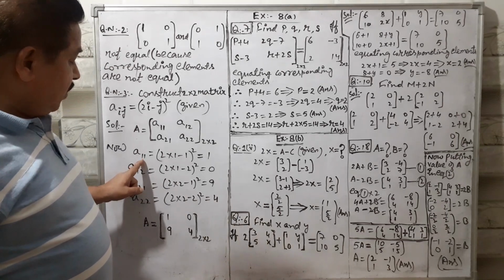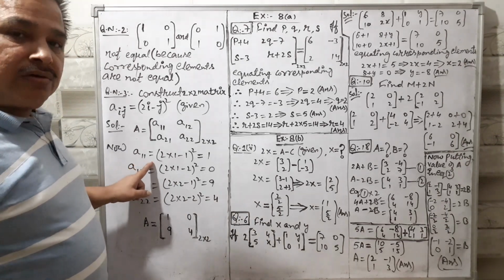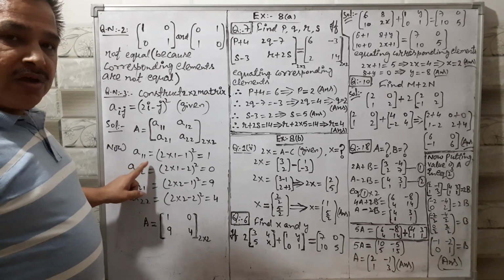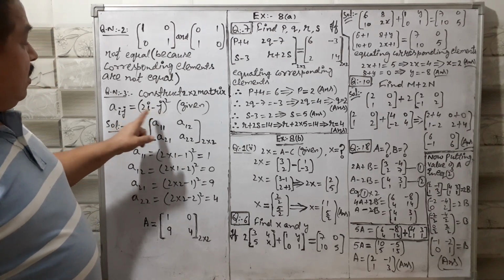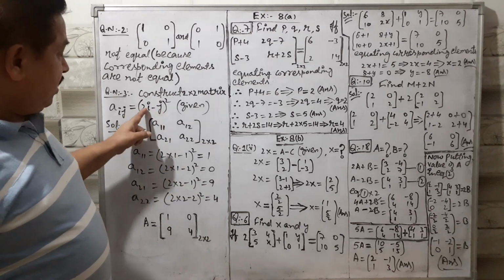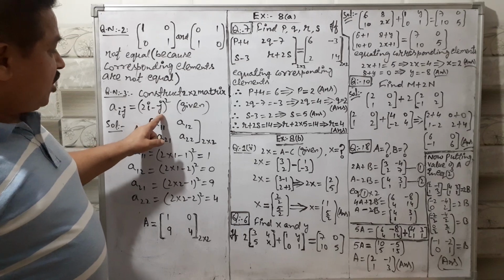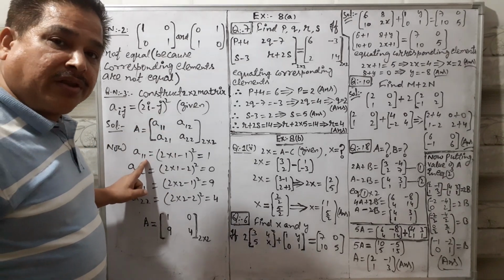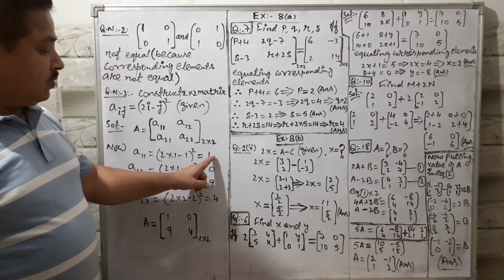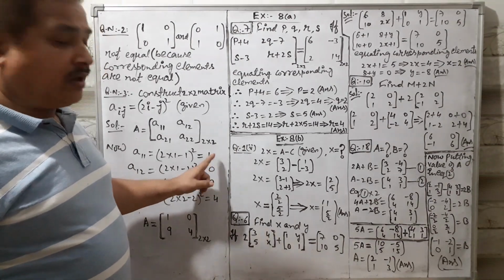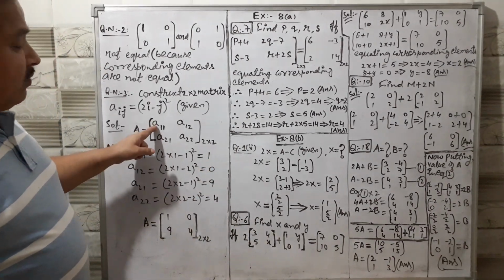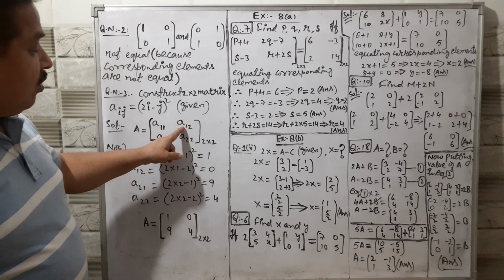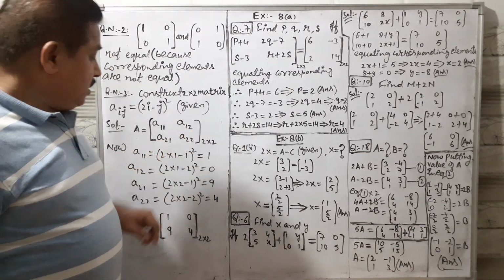A11 means I is 1 and J is also 1. Put in this formula, place of I 1 and place of J again 1. So this will come 1. So this element is coming 1. Similarly, get the value of A12.